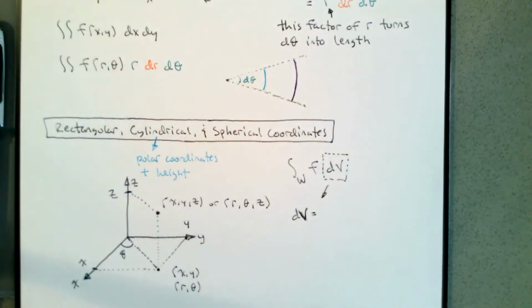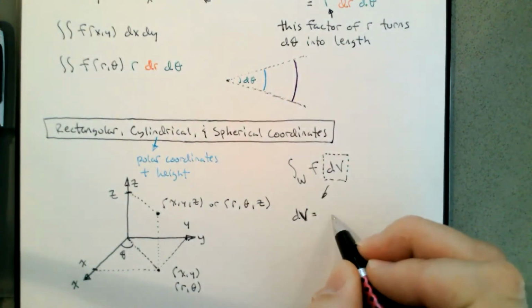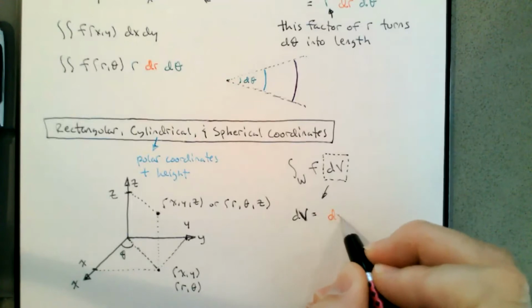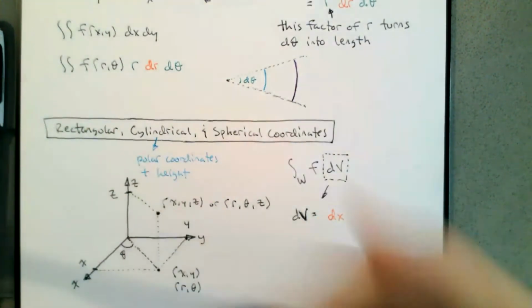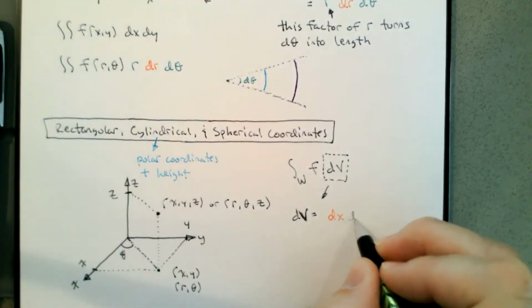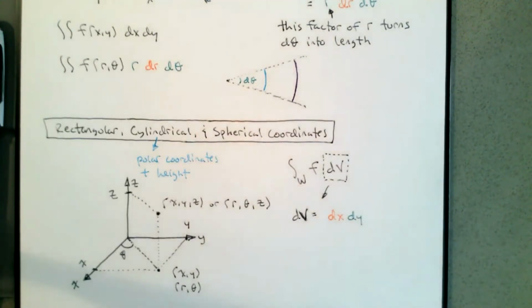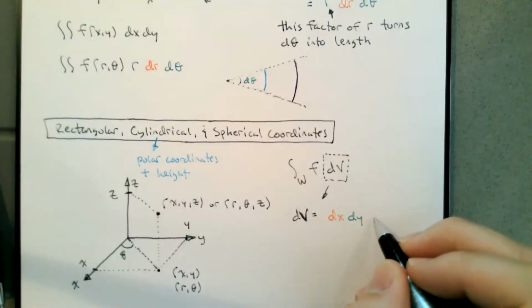We have to have 3 lengths to build the dV. So in rectangular coordinates, no problem: dx, dy, dz. dx is length, dy is length, dz is length.